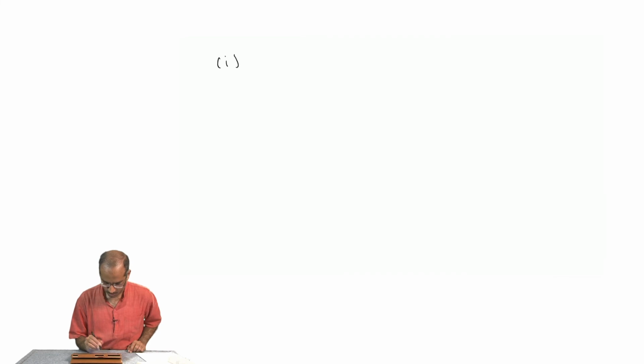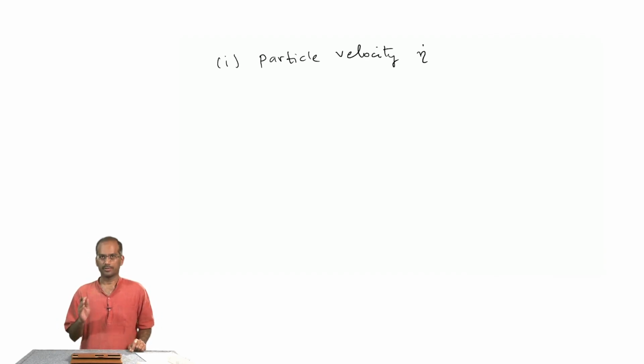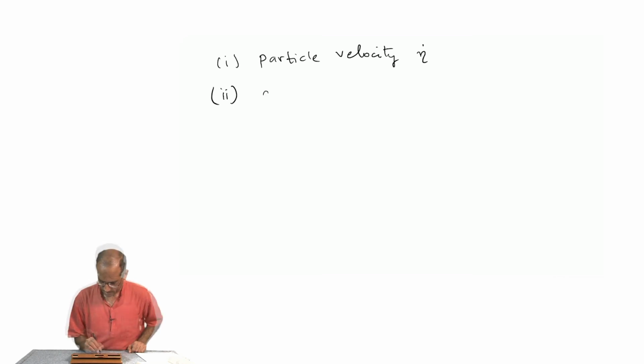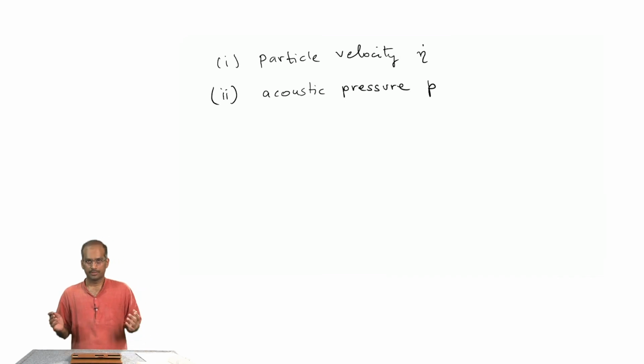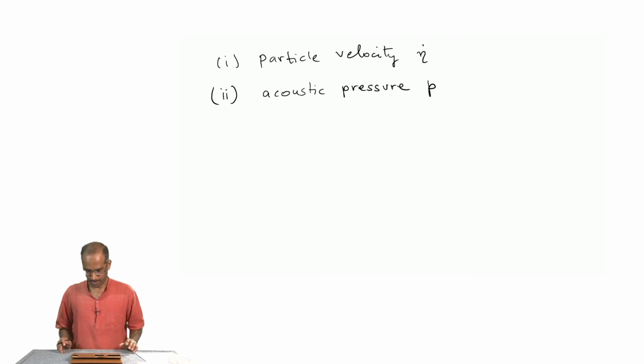So, one is that the particle velocity, which is eta dot, has to be continuous at x equal to 0, and secondly the acoustic pressure given by P has to be continuous at the interface between the two boundaries.